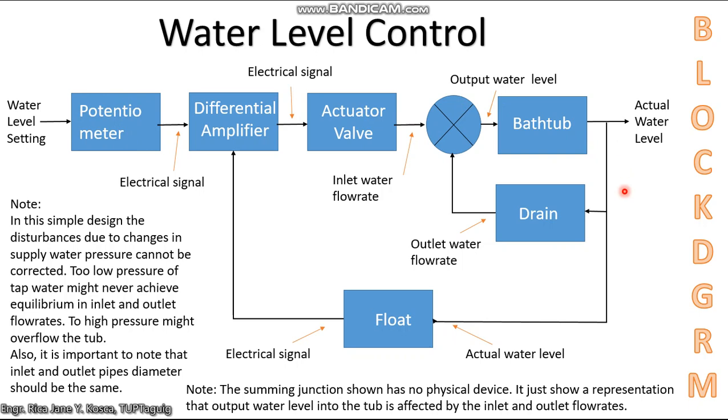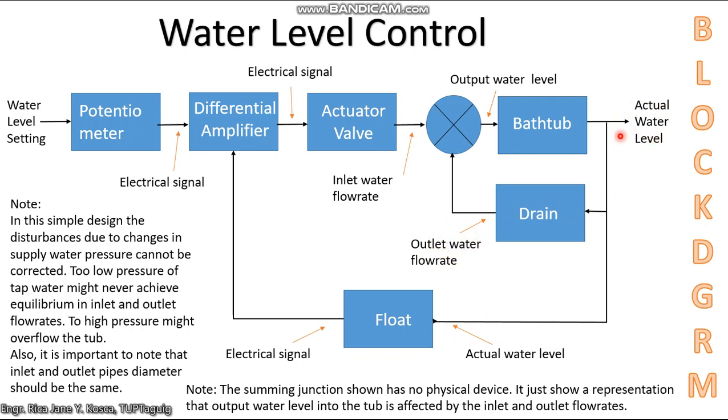While the drain, there is actually a constant outlet water flow rate, no? Sorry about that. What I'm trying to say in the constant is the diameter. There is a fixed diameter, but the flow rate may be varying according to the actual water level, because by the Bernoulli principle in physics, as the water level is higher, then there would be higher pressure, then there would be greater flow rate.